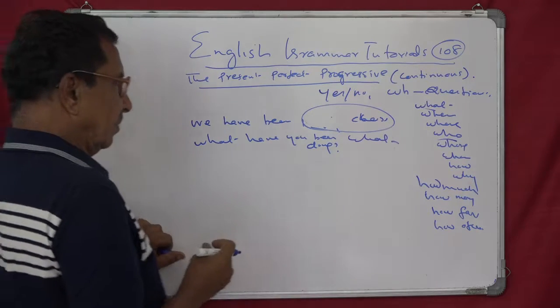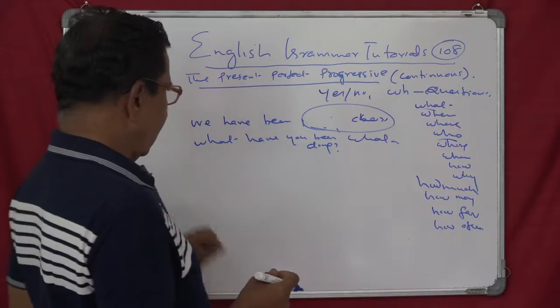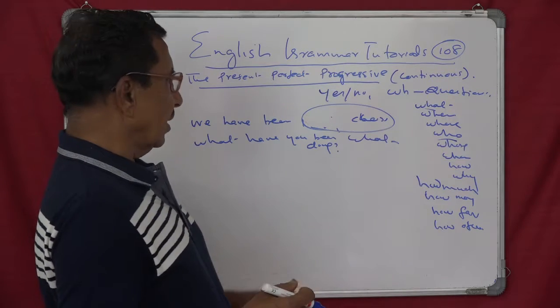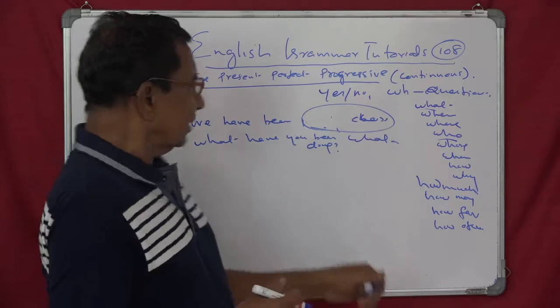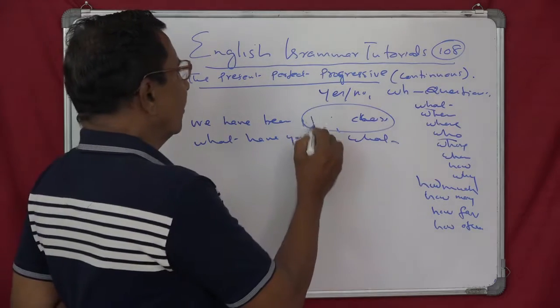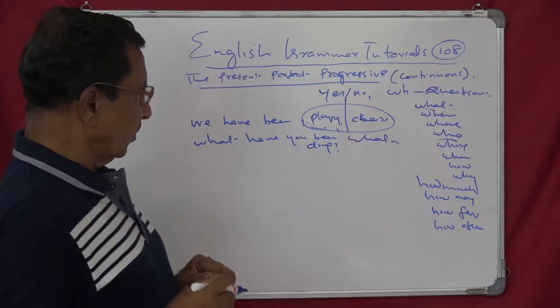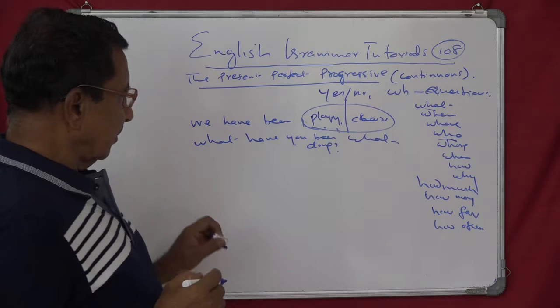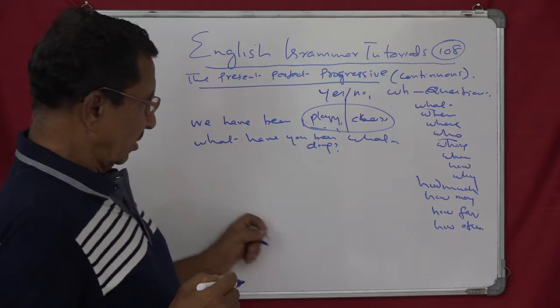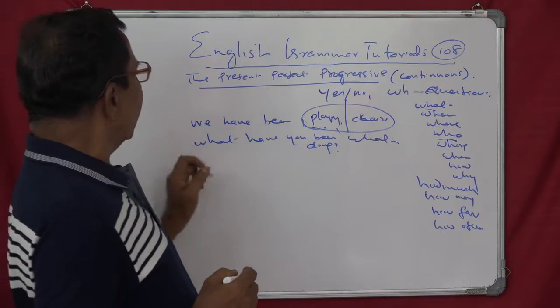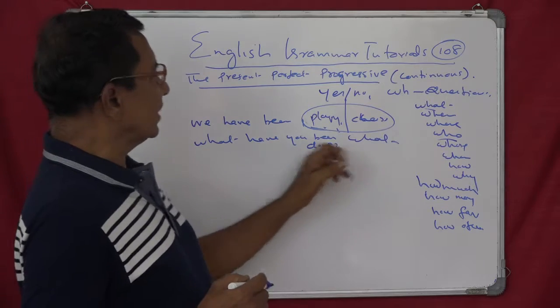Or you can say, what have you been doing? So we have been playing chess. Isn't it? We have been playing chess. What have you been doing? Or you can say, to another person, why have you been playing chess?